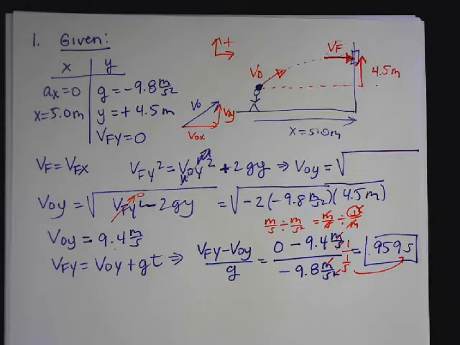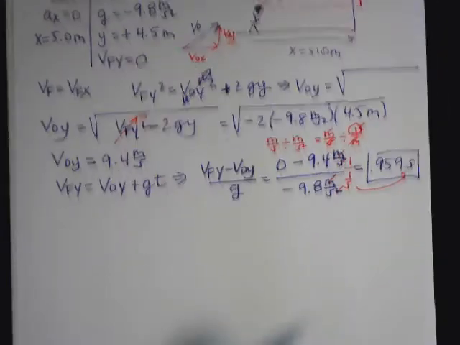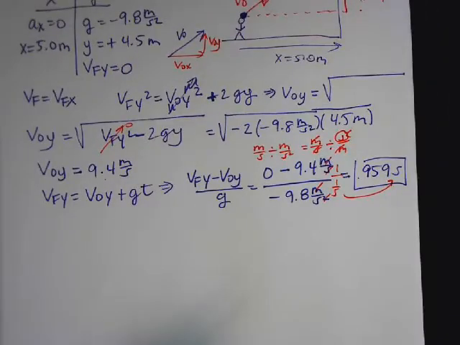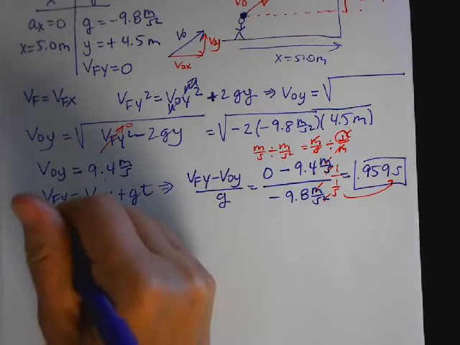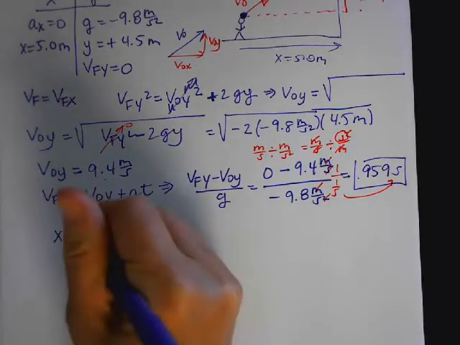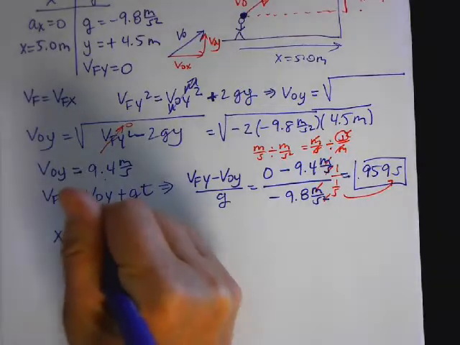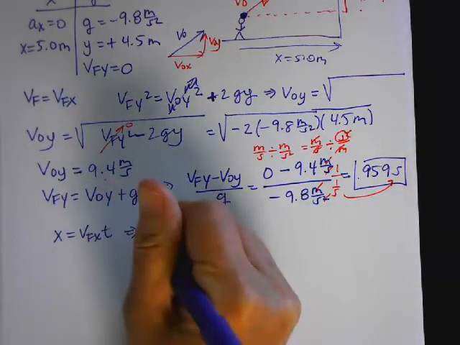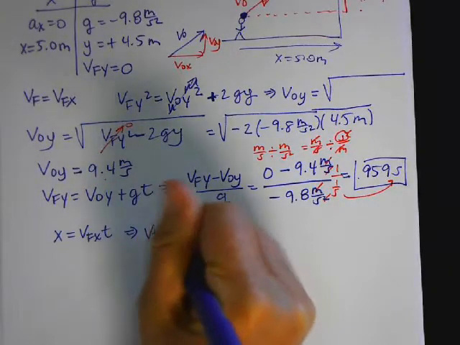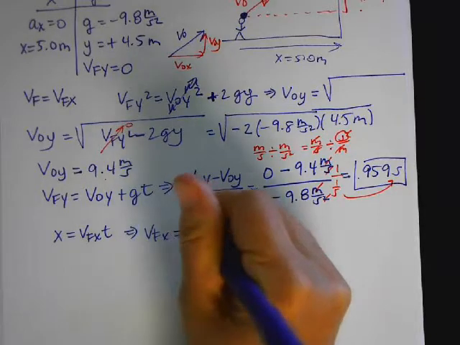So now we're going to find x. Oh no, we want to find VFX. So we know there's no horizontal acceleration. So x is equal to VFX times t. So VFX is equal to x over t.